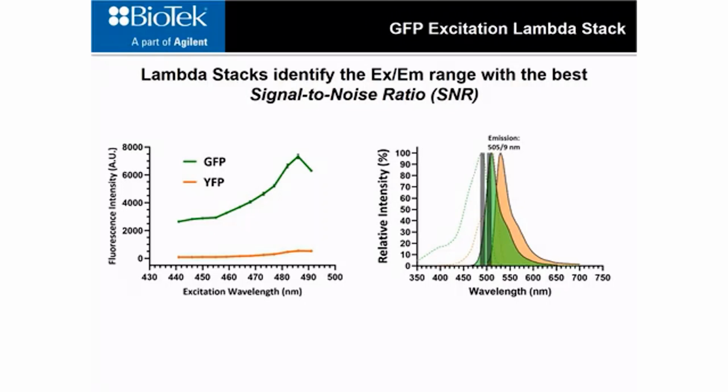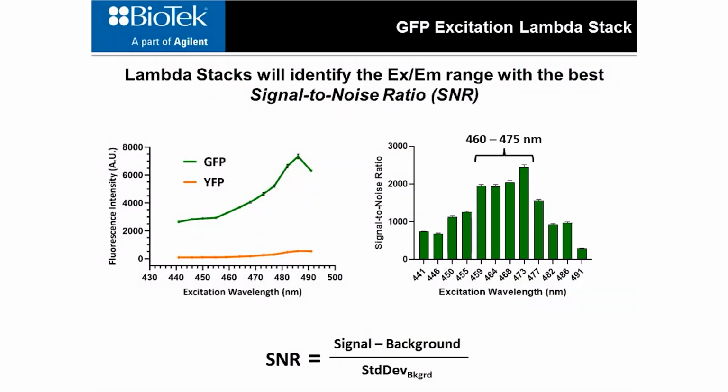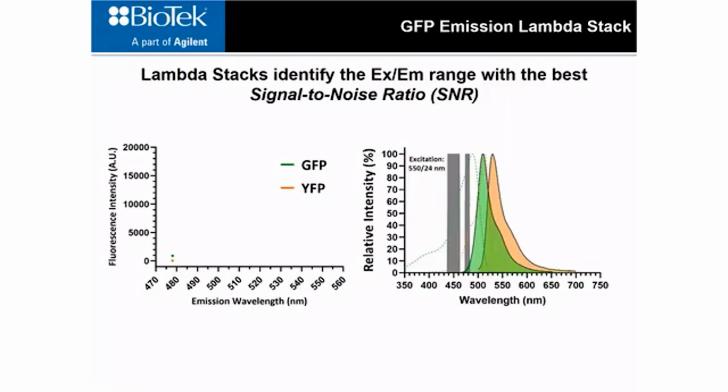Again, the signal to noise is simply the calculation of that signal at a given wavelength minus the background at that wavelength, divided by the standard deviation. In this case, for establishing the ideal excitation range for GFP, we get the best signal-to-noise ratio within the range of 460 to 475 nanometers.